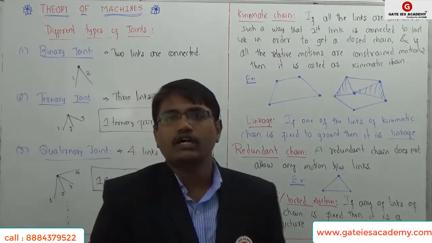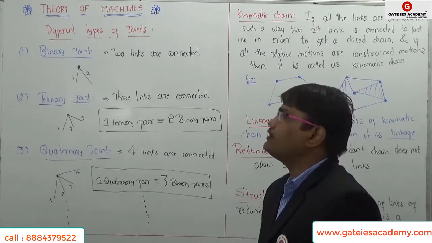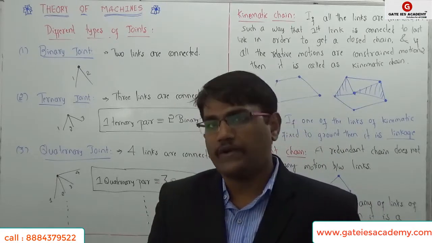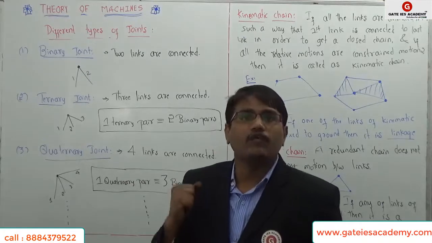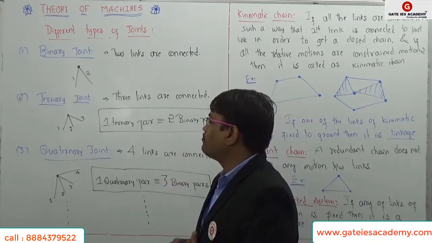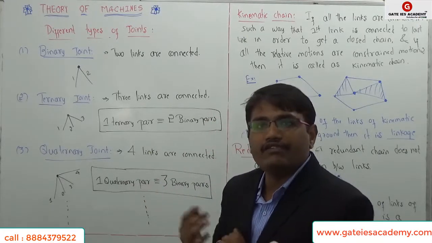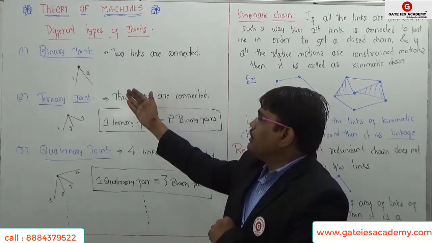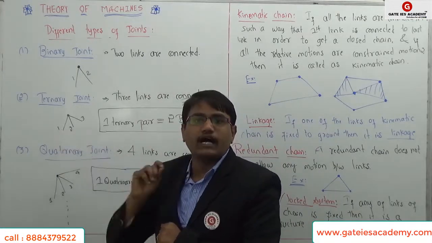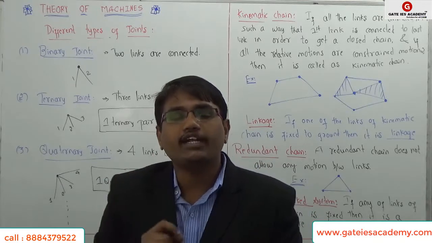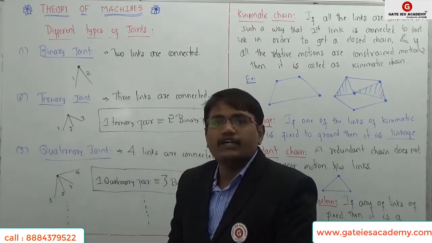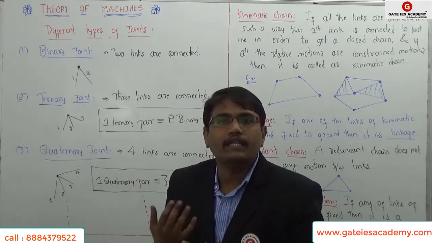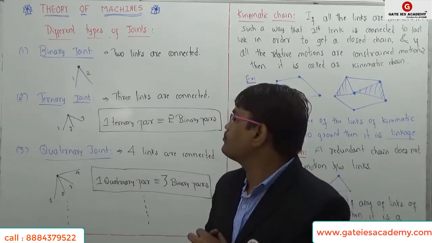So students, now let us see what are the different types of joints. A binary joint, ternary joint, quaternary joint, and so on. How they are divided based on how many links are getting connected to that particular joint, or that particular joint connects to how many links from itself, right?